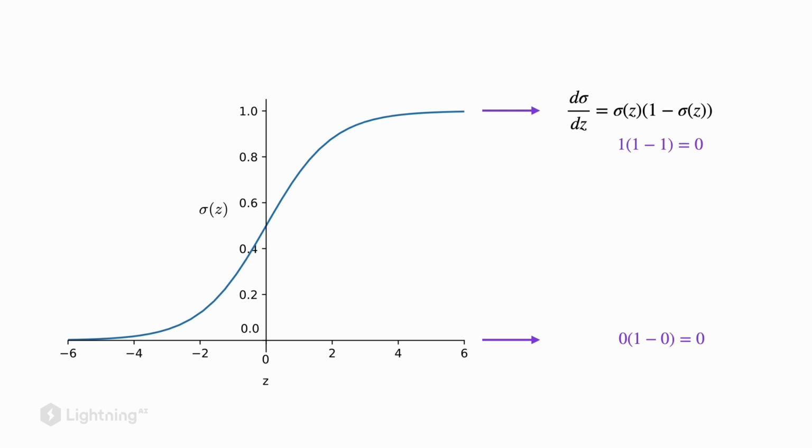So in this case, our derivative will also be 0. The largest value we can get for the derivative is when the net input is 0. If the net input is 0, the value returned by the sigmoid activation function will be 0.5, and 0.5 times (1 minus 0.5) is equal to 0.25. And 0.25 is the largest derivative that we can get from the logistic sigmoid activation function.